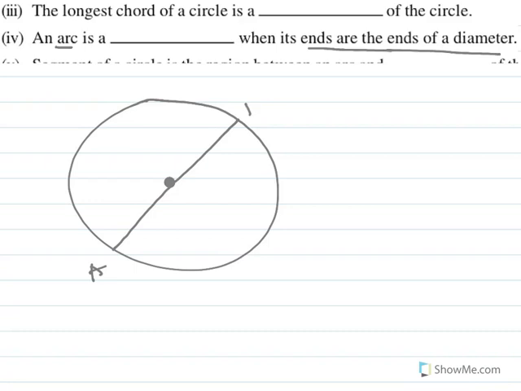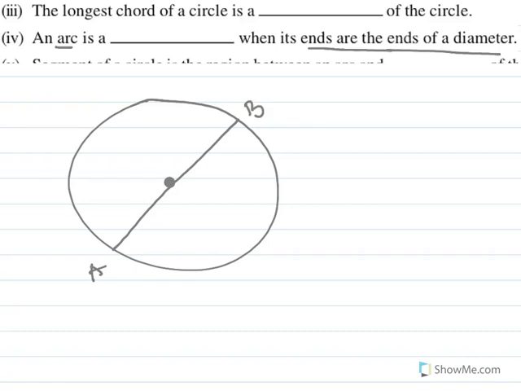An arc is a semicircle when it ends at the ends of the diameter. So let us draw a circle. We have to have a center. In this case, we need a diameter. So let us draw a diameter, say AB.